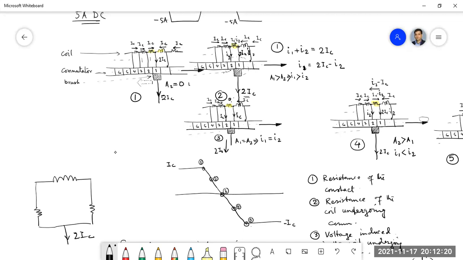Here we have the current IC minus I2. Here we have the current I2, and here we have the current 2IC minus I2. Now let me know what the resistance values are. So this will be the KVL direction, the current direction.